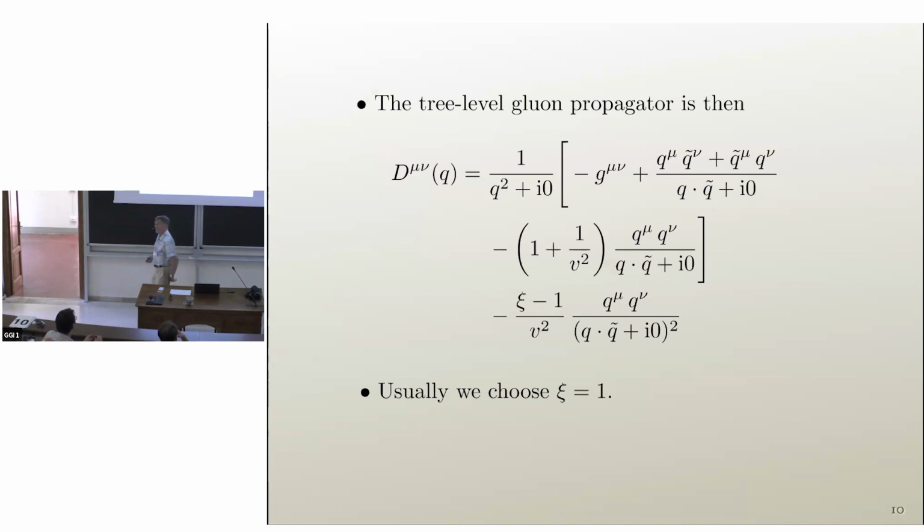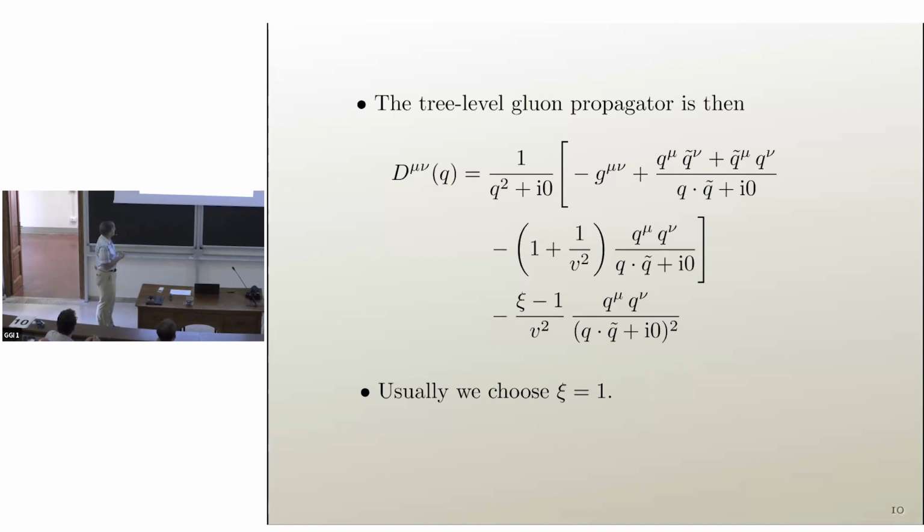So here is the propagator, or gluon at tree level. 1 over q², with a plus iε convention on it that makes it causal and allows you to do all kinds of integrals over q, because when you come to one of these poles, you just go around the pole. Minus g^{μν}, and then plus q^μ q tilde^ν and the other way around, divided by q·q tilde, and minus the same over q·q tilde.